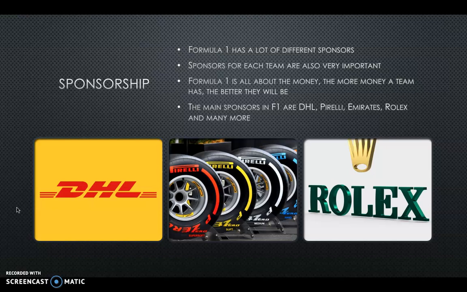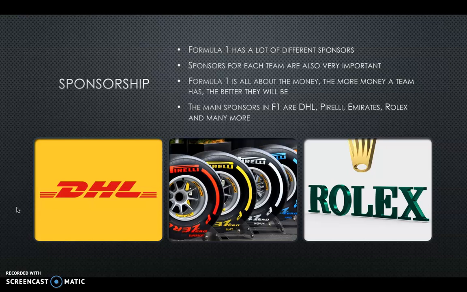Sponsorships. So Formula One has a ton of different sponsors. Formula One has sponsors, and then the teams also have their own sponsors. So Ferrari could have different sponsors than Formula One, and Ferrari also has different sponsors compared to Mercedes and Red Bull. As I said earlier, Formula One is all about the money. The more money a team has, the better they will be.